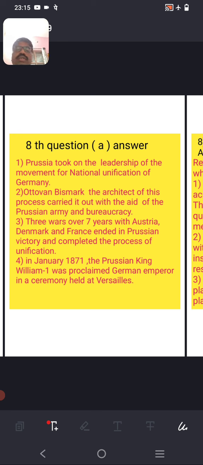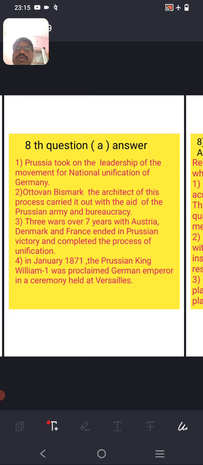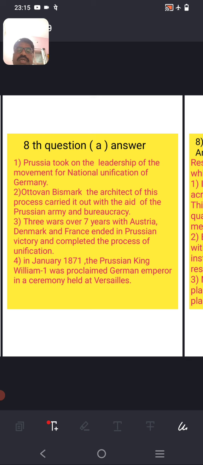The answer for this question is Prussia took on the leadership of the movement for national unification of Germany. Otto von Bismarck, the architect of this process, carried it out with the aid of the Prussian army and bureaucracy. 3 wars over 7 years with Austria, Denmark, and France ended in Prussian victory and completed the process of unification.